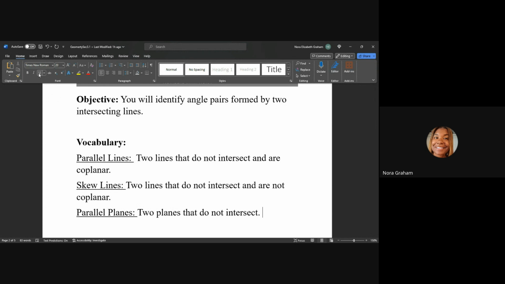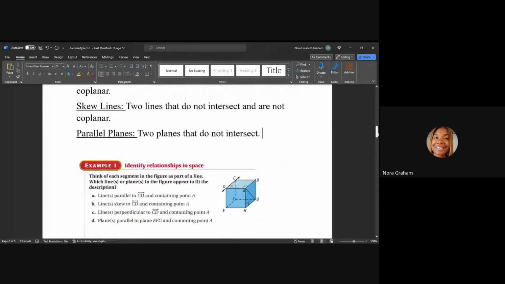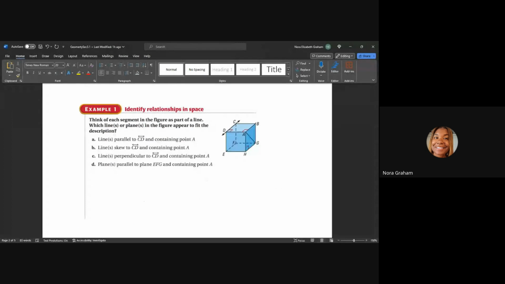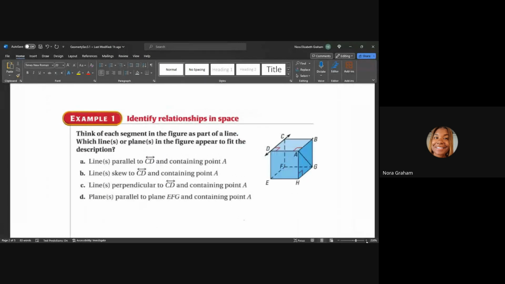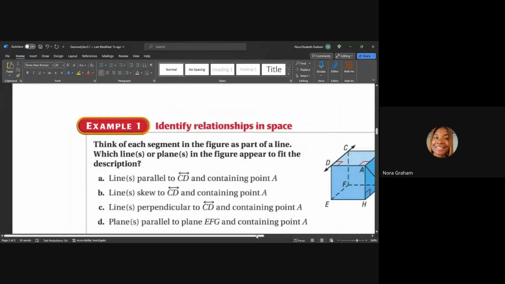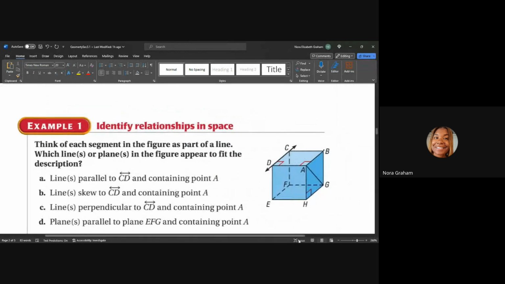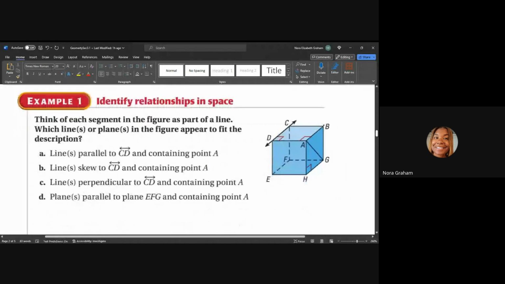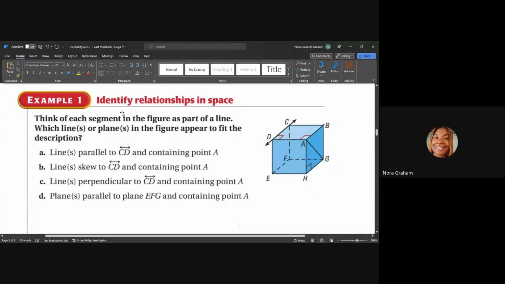All right. Before we go on with any other vocabulary, let's look at example 1. Let me zoom in so you guys can see. For example 1, they want us to identify relationships in space. Think of each segment in the figure as part of a line. Which lines or planes in the figure appear to fit the description?